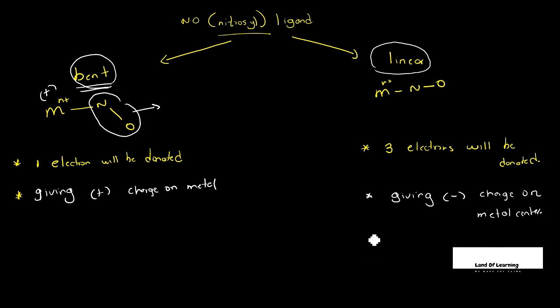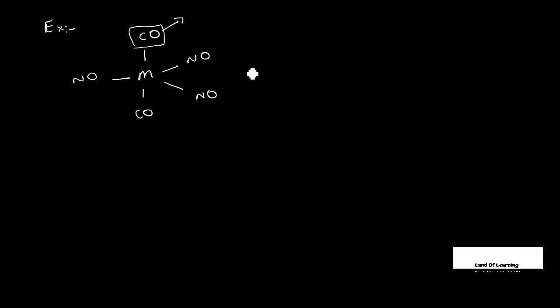This is very important. So if I ask you what is the oxidation state of this metal center if the nitrosyls are bent, what would be your answer? Carbonyls leave as neutral compounds, so no charges will be left behind. But nitrosyls leave a charge.